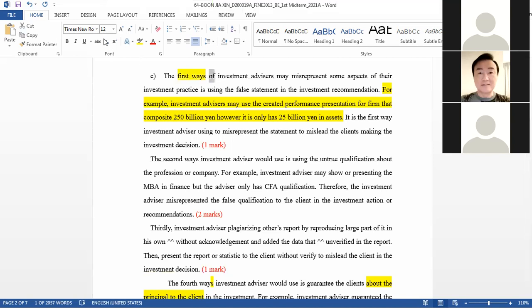It shouldn't be there at all. The first way, the first way investment advisors may misrepresent, like that. Okay, you see, the first way is using false statement in the investment recommendation.